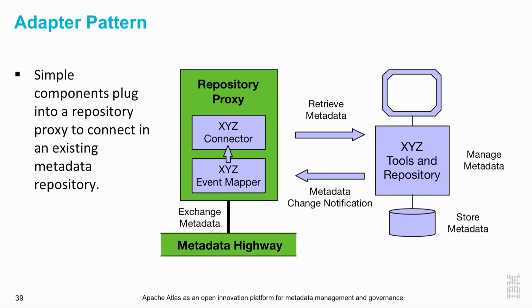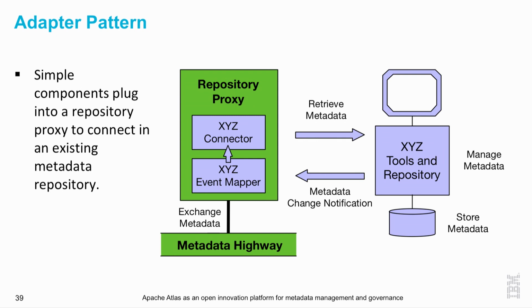This is the adapter pattern, where this is an existing product. It has APIs, and so you build a connector that will call these APIs in response to a standard open metadata connector API. And then when repository changes happen, it may produce proprietary events. The event mapper's job is to take those events and turn them into things that can flow out on the metadata highway.